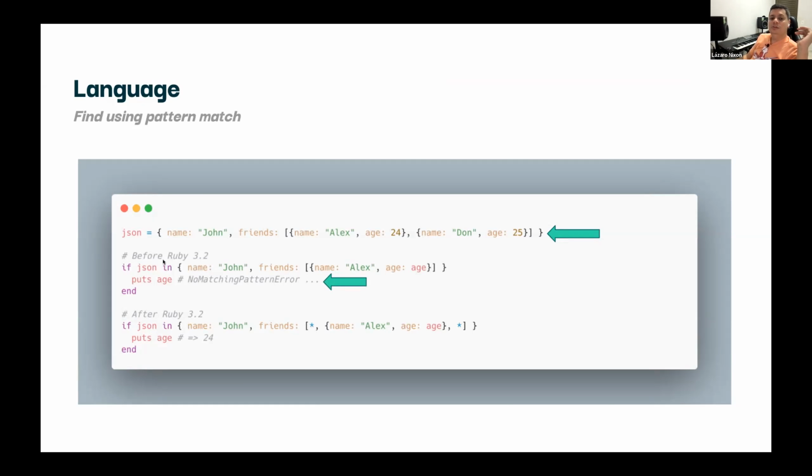You couldn't use this kind of thing before, but now on Ruby 3.2 you can use these asterisks here and here, and you can get the 24 using pattern matching.